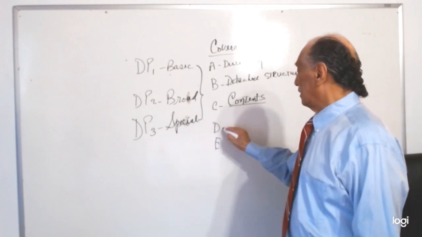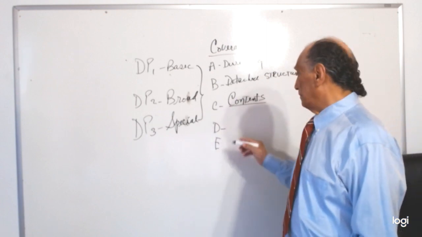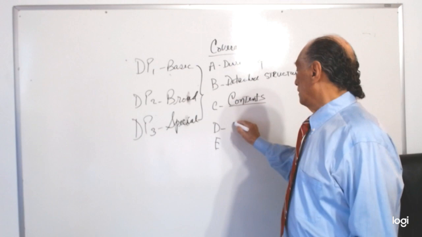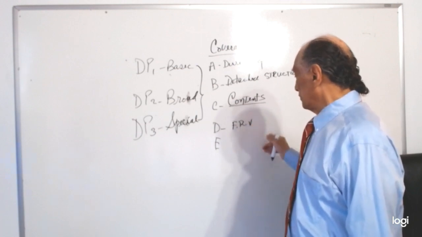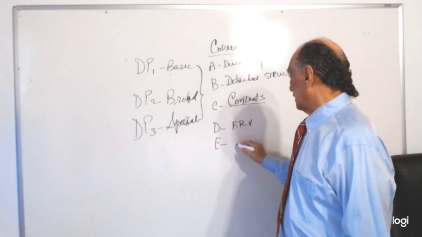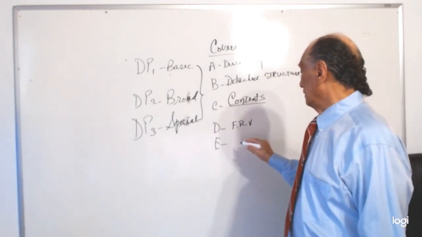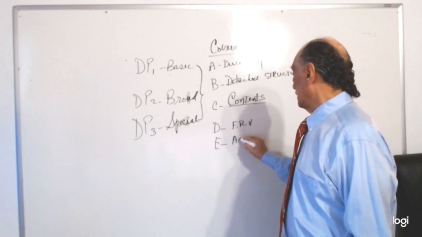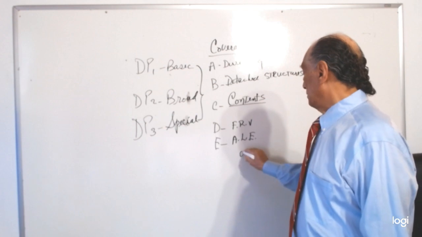We talk about all these things in depth as we go along. And this is for fair rental value, loss of revenue, and additional living expenses, ALE I call it, and by endorsement.